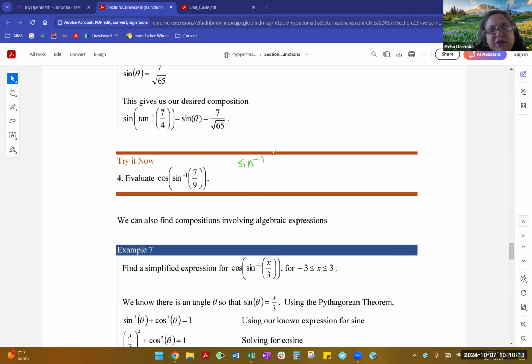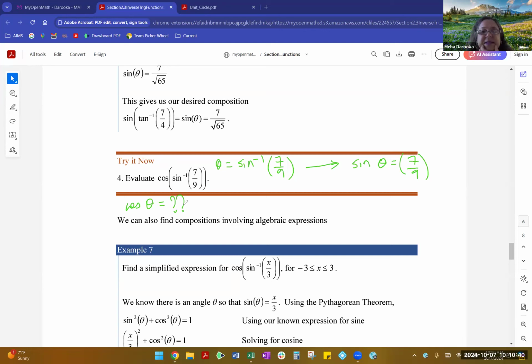Sine inverse is given to us as 7/9. If we think of that as theta, you can translate this into sine of theta is equal to 7/9. And then how do you use that idea to come up with the cosine function?